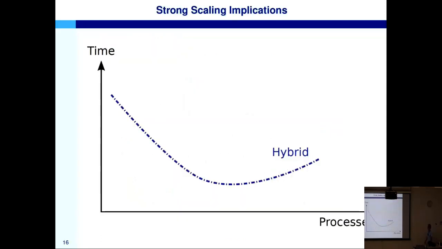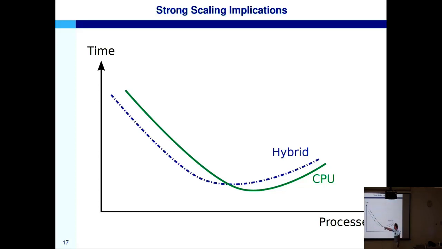Okay, so turning that graph from the previous slide the other way around, if you want to do strong scaling, if you have a hybrid cluster, anything that has a CPU and the GPU merged together, and if you want to run it in a hybrid fashion, you end up with some reference line, which of course, as you increase the number of processes, at some point will just go back up again, so simulation time will go back up. But if you have just a pure CPU cluster, then you don't have the extra PCI Express latency.